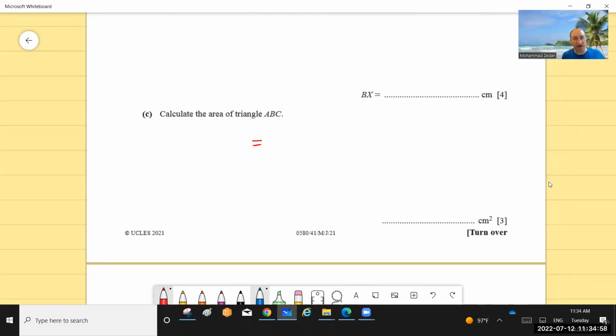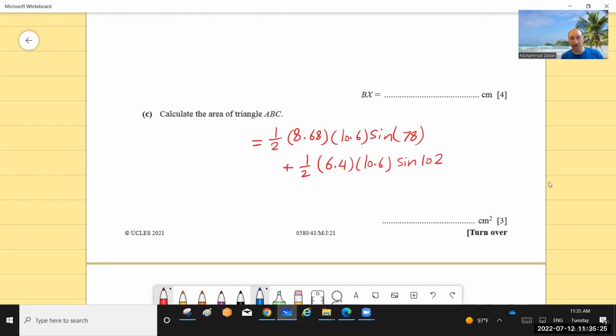The first triangle is half times 8.68 times 10.6 sine 78 degrees plus half also times 6.4 times 10.6 sine 102. This sum gives you about 78.177 square centimeters.